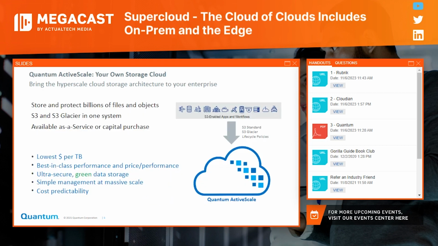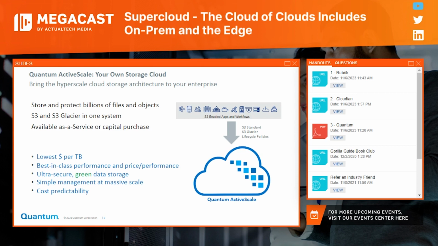So with Quantum, our solution is Quantum ActiveScale, and this is a very scalable object storage solution. What's very unique and interesting about the solution is not only is data based on hard disk drives and NVMe solid state drives, but we also support very low cost solutions by virtue of being able to integrate tape-based solutions into the environment as well.